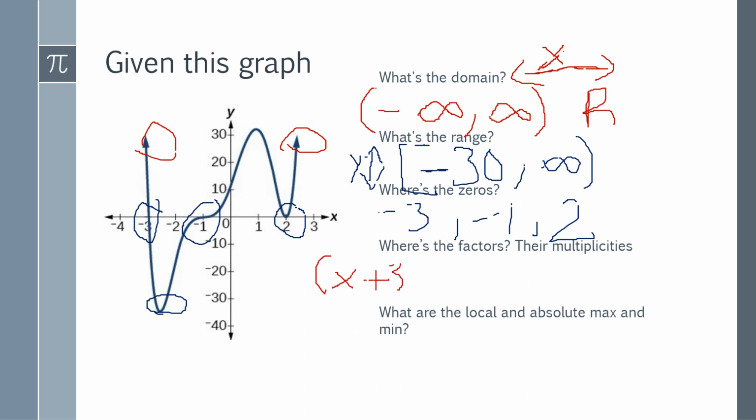Now, we've got to think about the multiplicities. Well, because you just go through your graph like a slice, it has a multiplicity of 1, or you could just say no multiplicities. So if your zero is -1, well, your factor is going to be x plus 1.